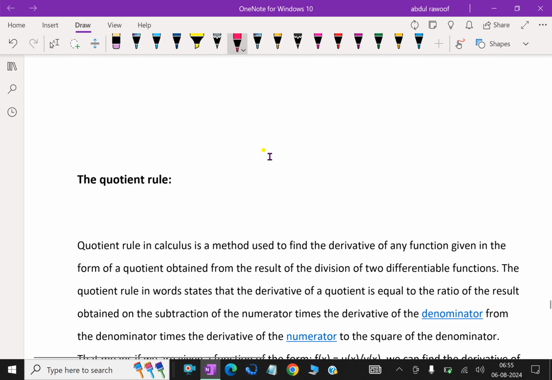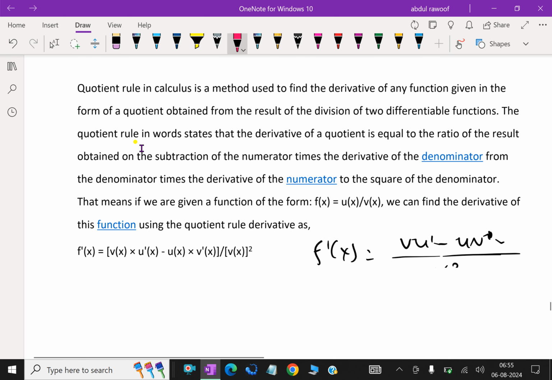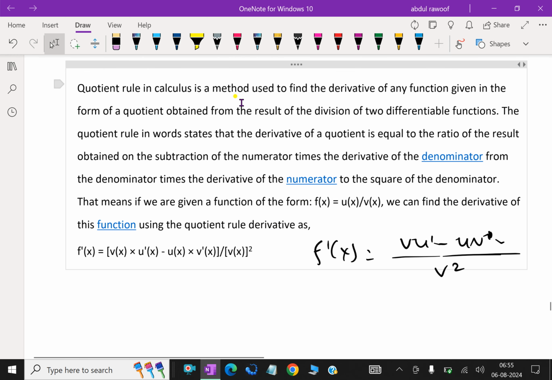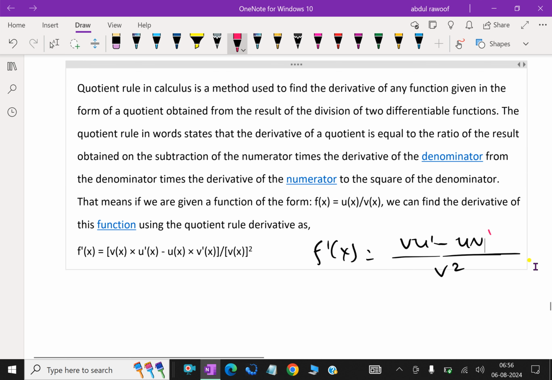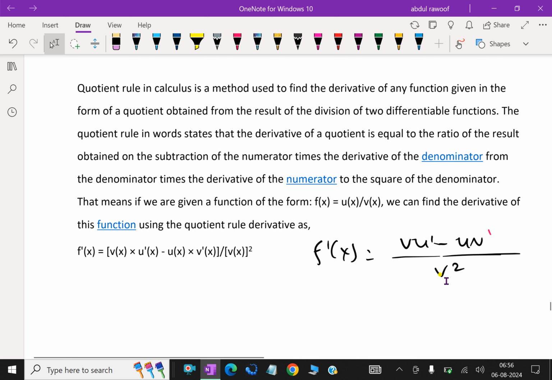Next is the quotient rule. The quotient rule in calculus is the method used to find the derivative of any function given in the form of a quotient obtained from the division of two differentiable functions. This quotient rule is f dash of x equals (v u dash minus u v dash) over v square.